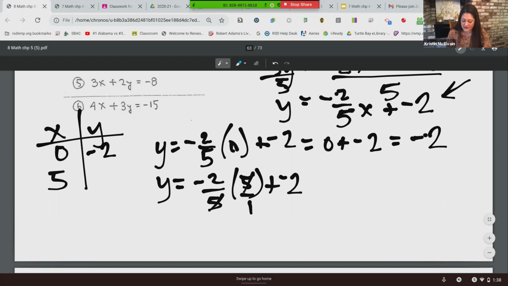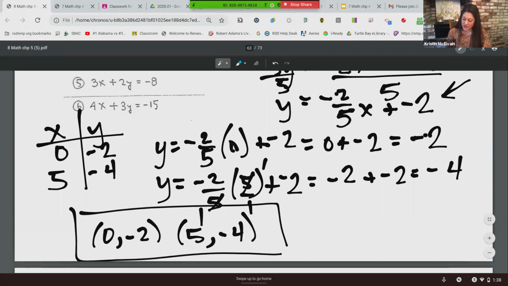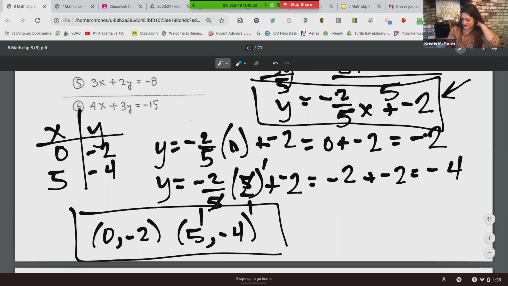Cross simplify gives me -2 plus -2, which is -4. So my two coordinates are 0, -2, and 5, -4. Okay. So that's my answer, and there's my answer for number 3.